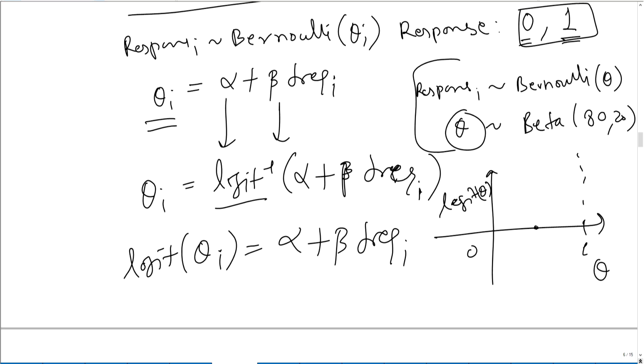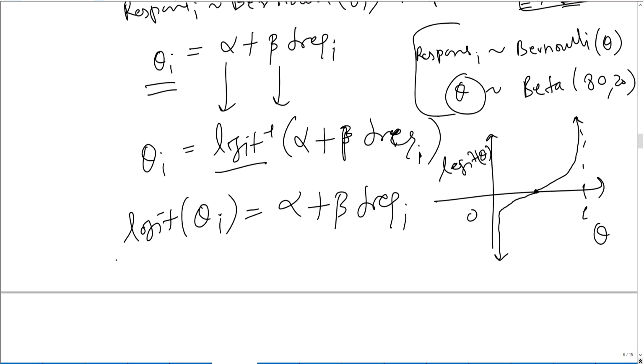As you go towards 1, logit theta increases almost linearly and then sharply increases near 1. Here as well, it decreases linearly and sharply decreases near 0. This is how the relationship looks. But the logit theta can take any value between minus infinity and plus infinity. So when you apply this transformation, it allows these things to have values between minus infinity and plus infinity. So that's the point.